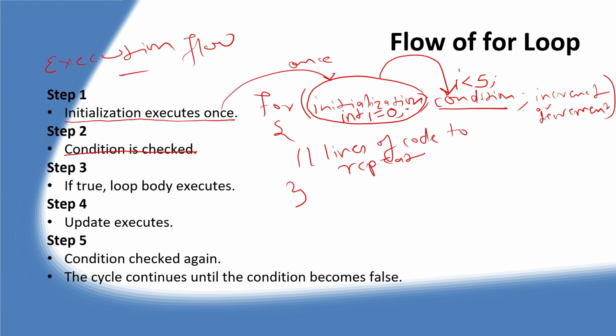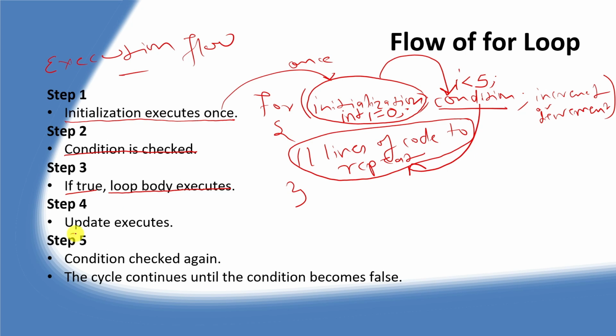Then it will execute the lines of code, that is the body of the loop. That is the third step: if true, meaning the condition is satisfied, then the loop body executes.